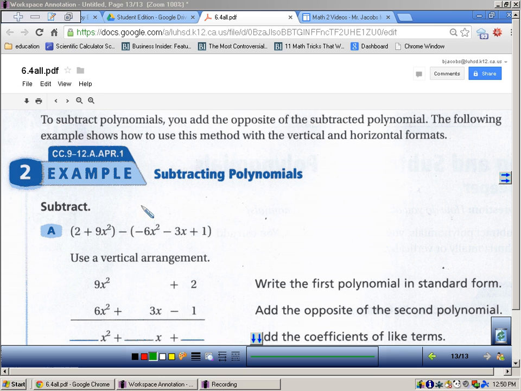Okay, what we have here is a polynomial. It's written horizontally, but we're going to use the vertical alignment method. Looking at that polynomial, it's been rewritten so that the degree of the term x squared is written first. Is there another x squared term in this polynomial?